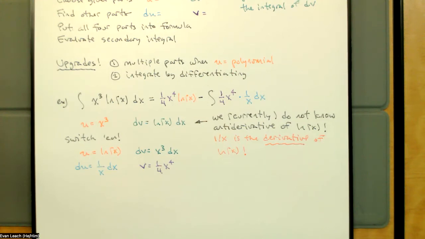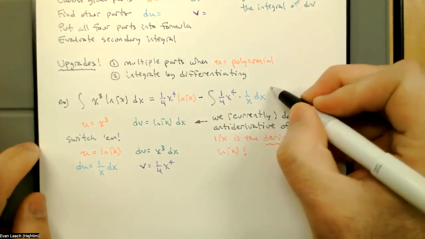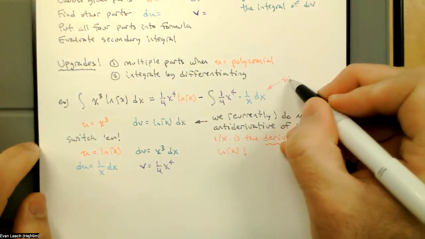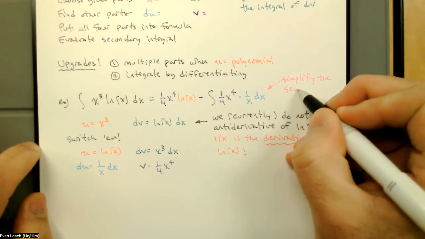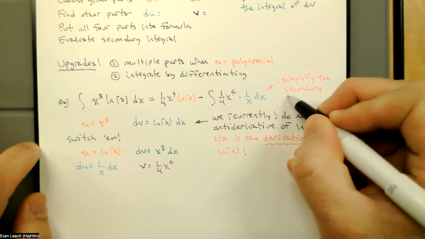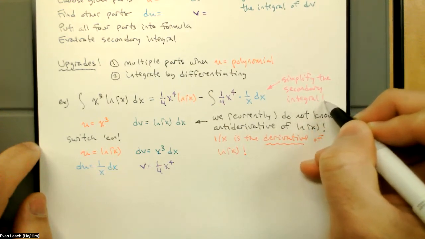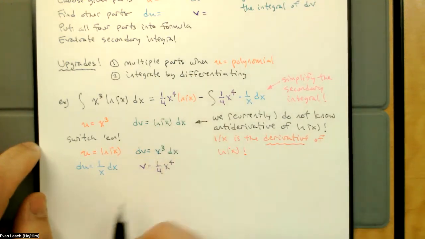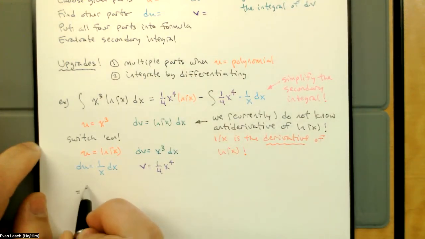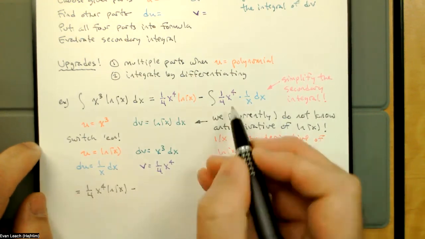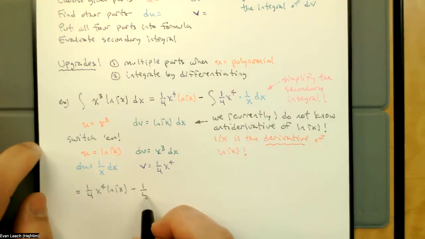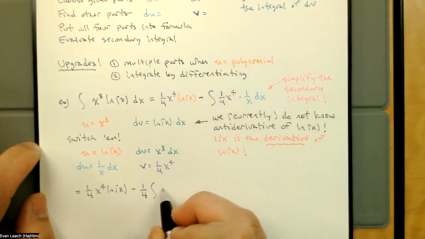Now, when we're looking at our secondary integral, we can simplify it. So this first term stays the same. We get 1/4 x to the fourth natural log of x minus, I'm going to pull out the 1/4, and this will be the integral of x to the third dx.